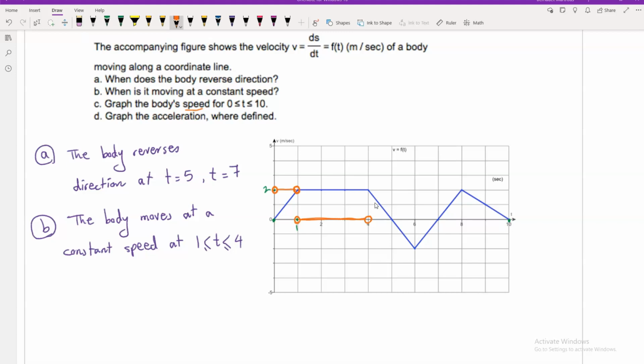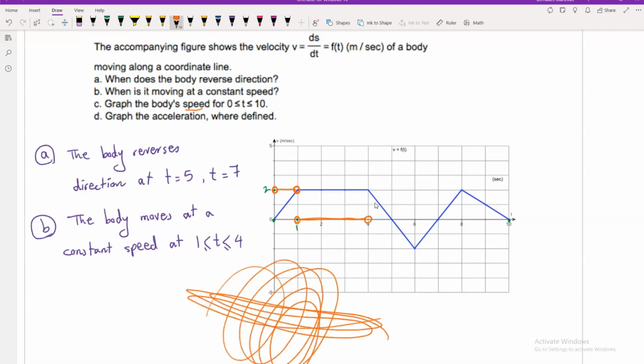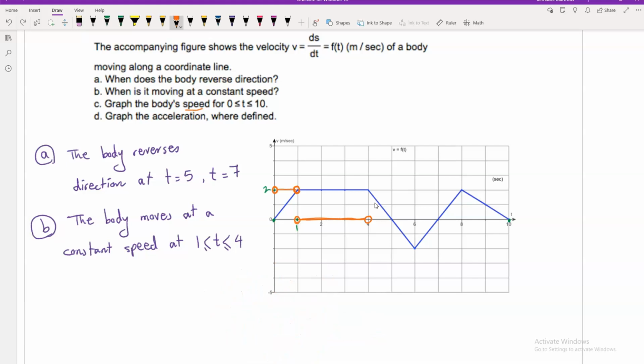From t equal to 4, this one decreases by 2 units, meaning that our slope is negative.